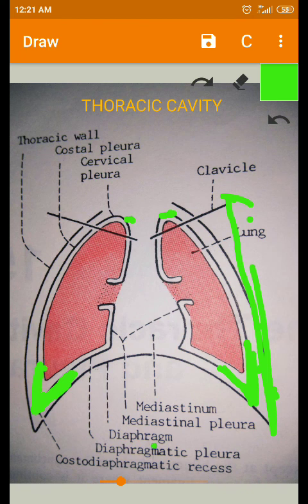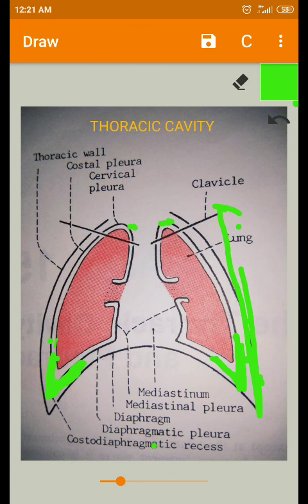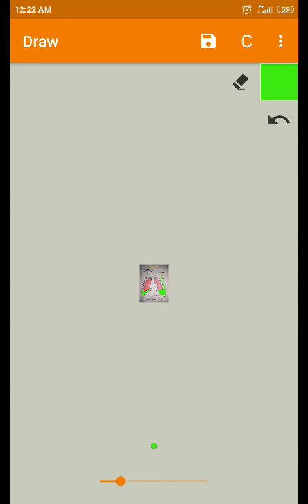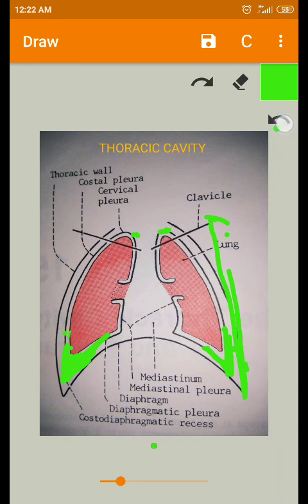So this is the first space to be filled, whether it is air or any other fluid effusion. This is about the costodiaphragmatic recess.